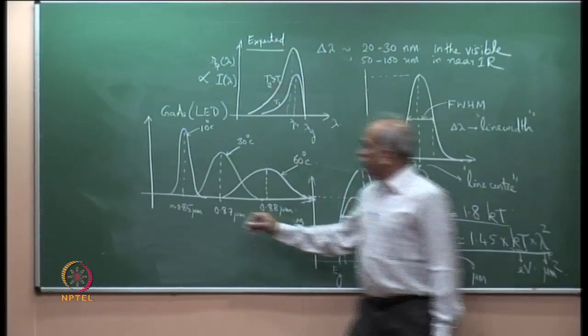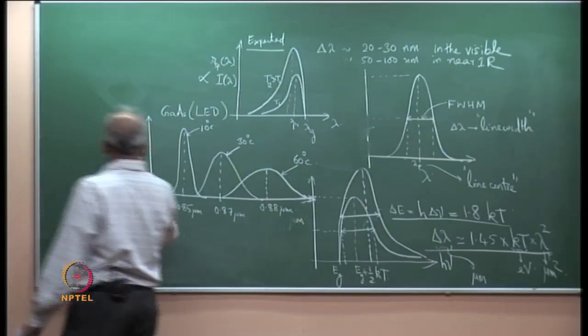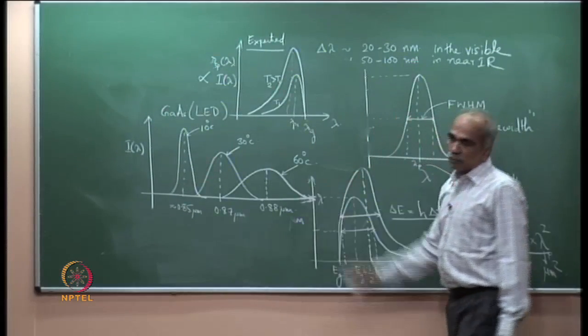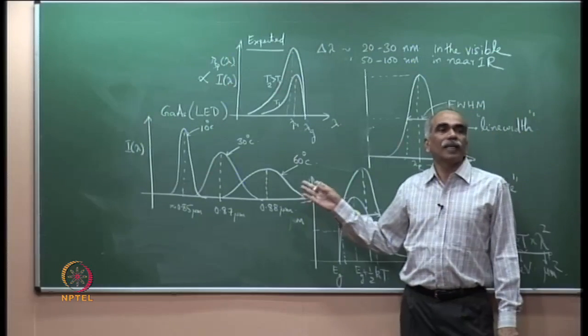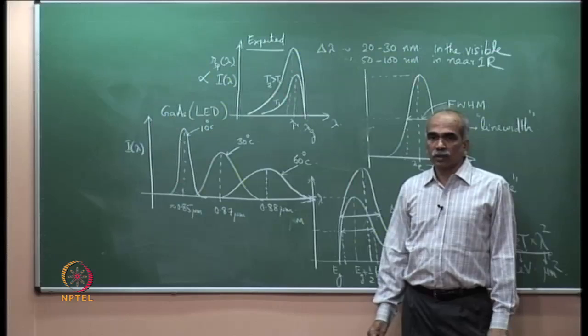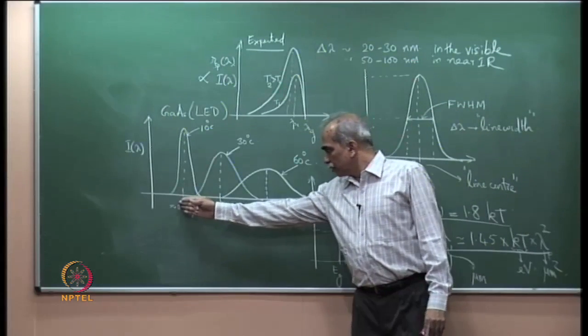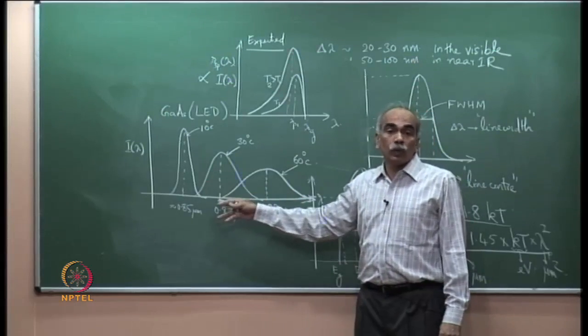So what I have plotted is I of lambda versus lambda, wavelength, at 3 different temperatures for a typical gallium arsenide LED. So what do we see? One, the peak wavelength is shifting to lower energy.